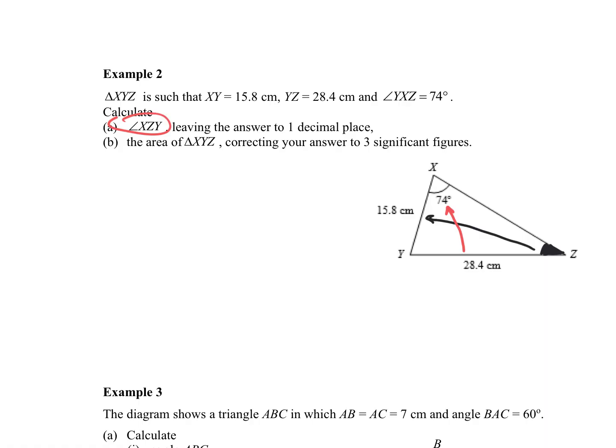I start off with sine of the angle XZY over the pair. 15.8 is a pair, remember? Then I link it up with sine of the other angle over its opposite length. So the rest is just cross multiply.